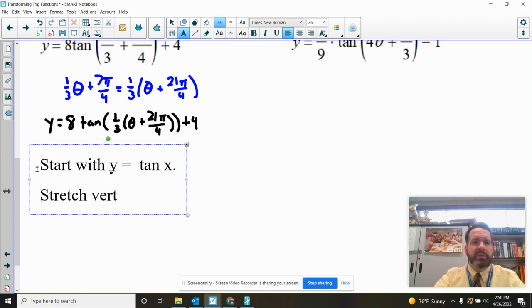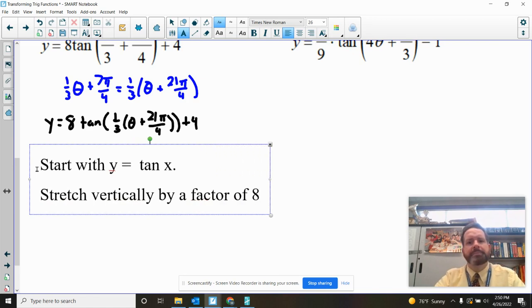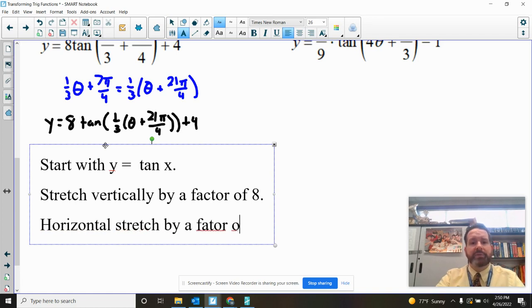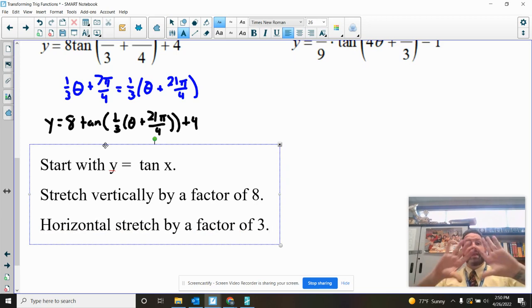So stretch vertically by a factor of 8. For the horizontal stretch or shrink, 1/3. Now that number is less than 1, and horizontally that means you're lengthening your period. So there's a horizontal stretch as well by a factor of 3. When you've got that 1/3 in there, that actually makes things 3 times as long.